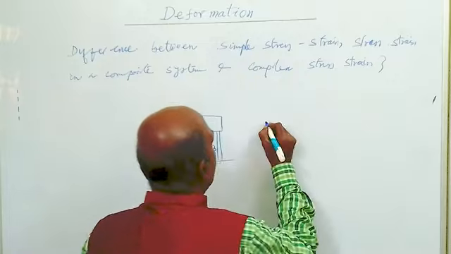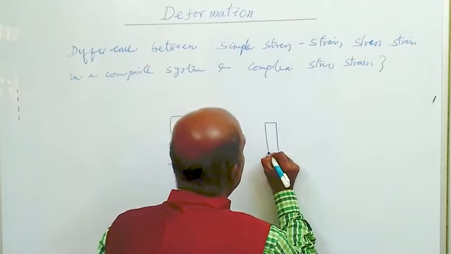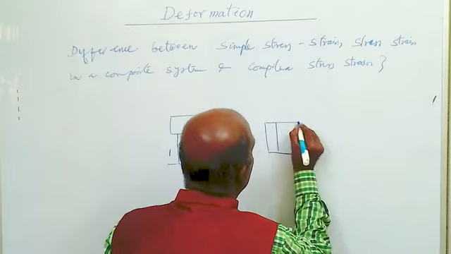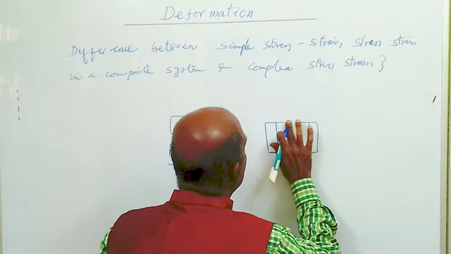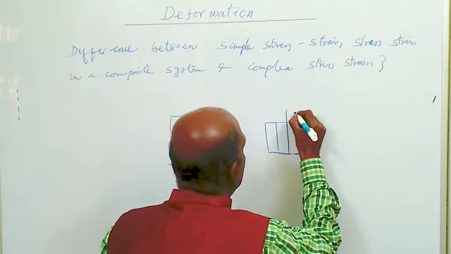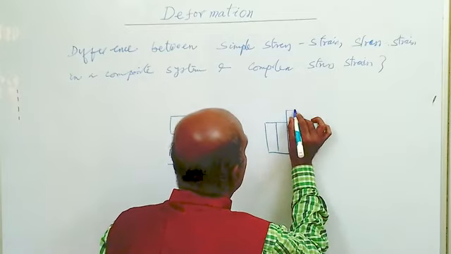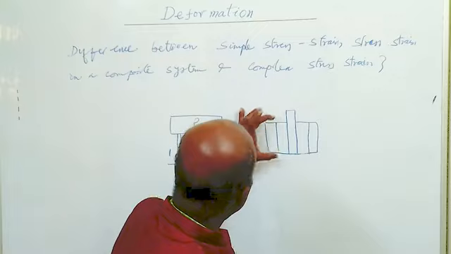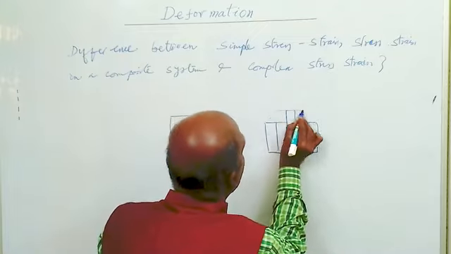Now we can see, say, a hollow tube. This is the hollow tube, and inside the tube there is another bar. The length of the tube and the length of the bar are not the same. Say a heavy load is applied over here.